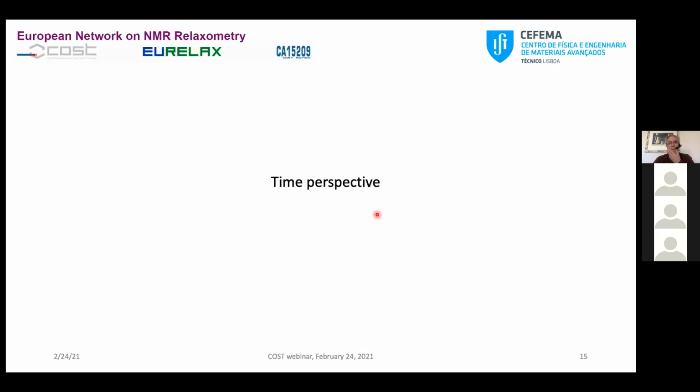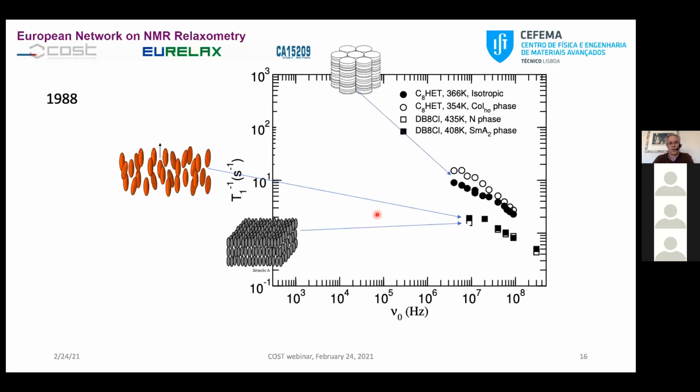Okay, so as I said, Danuta came to me with a problem about a different type of relaxation enhancement that could be observed at low frequency, and that made me bring a time perspective to this.